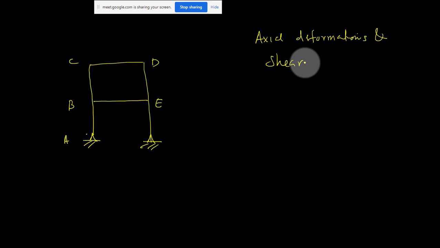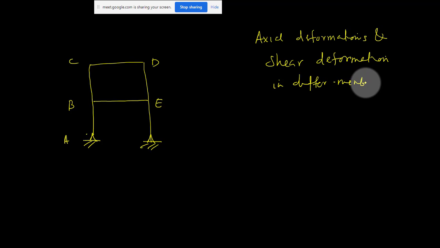Okay, axial deformation and shear deformation. The shear, that term was just given to confuse, it has no effect. The axial deformation and shear deformation in different members are assumed to be negligible. Okay, that is what is given in the question.